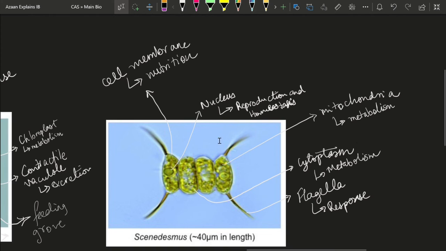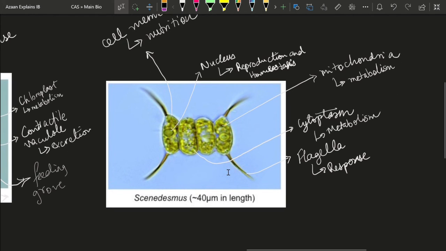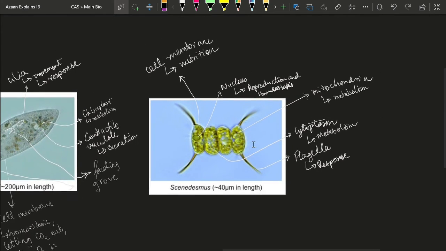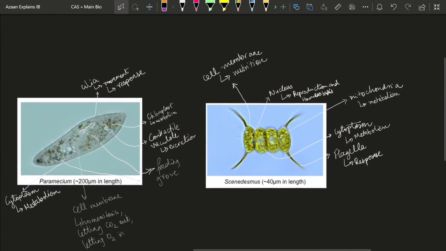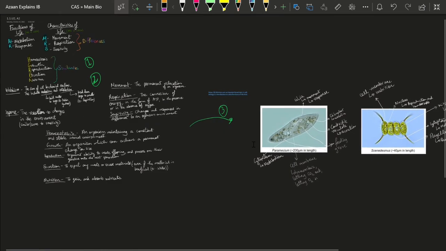They have mitochondria, which is responsible for their metabolism. So is their cytoplasm, and their flagella, which are kind of sticking out on the corners of the cell, are used in response to move between different areas depending on their preferred environment.